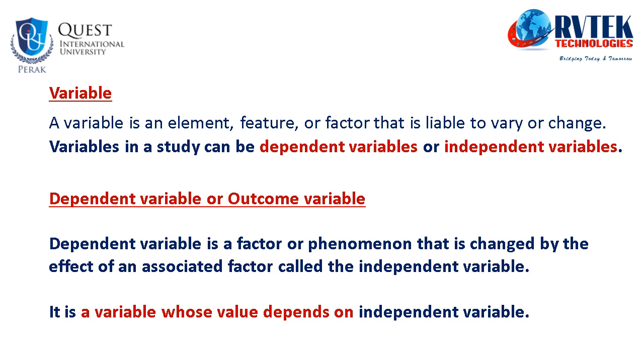It is a factor or phenomenon that is changed by the effect of an associated factor called the independent variable. Dependent variable changes based on the change or manipulation of independent variable. So, why is it known as dependent variable? Because it is dependent on value of independent variable. It is otherwise known as outcome variable also.